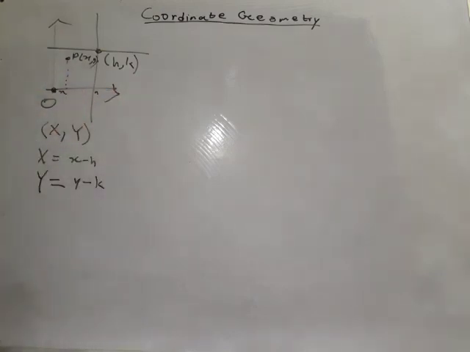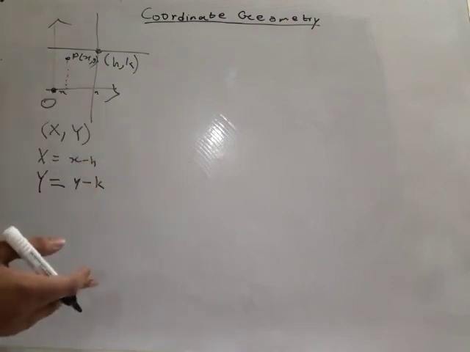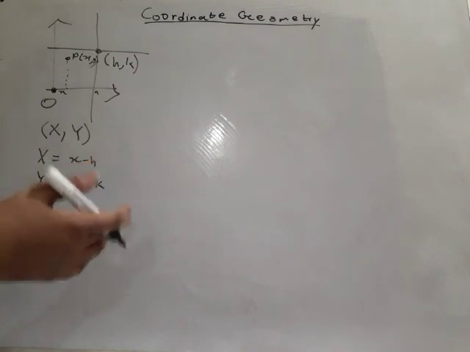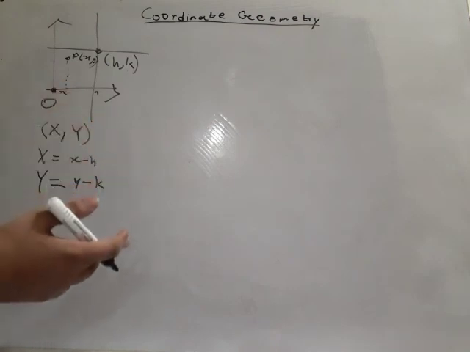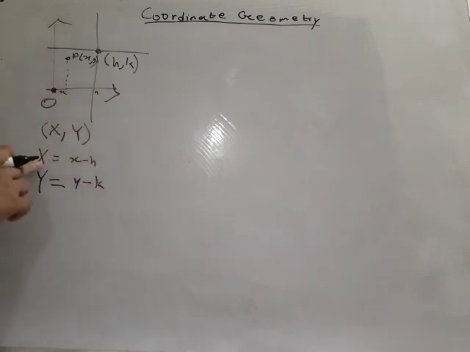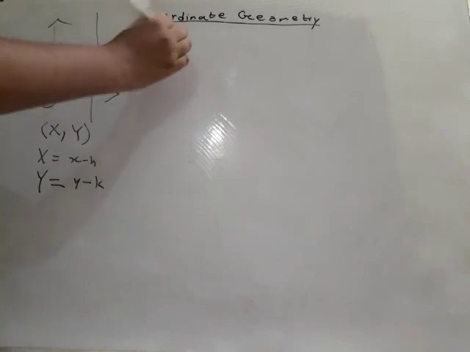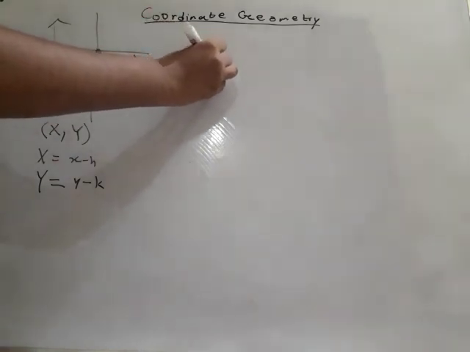Now if you are given the equation of a line or a curve, and you have been told that the origin has been shifted from one point to the other, you have been told to convert the equation accordingly. You cannot put capital X equal to x minus h. That means you cannot do this. Suppose you are given y square equal to 4ax.